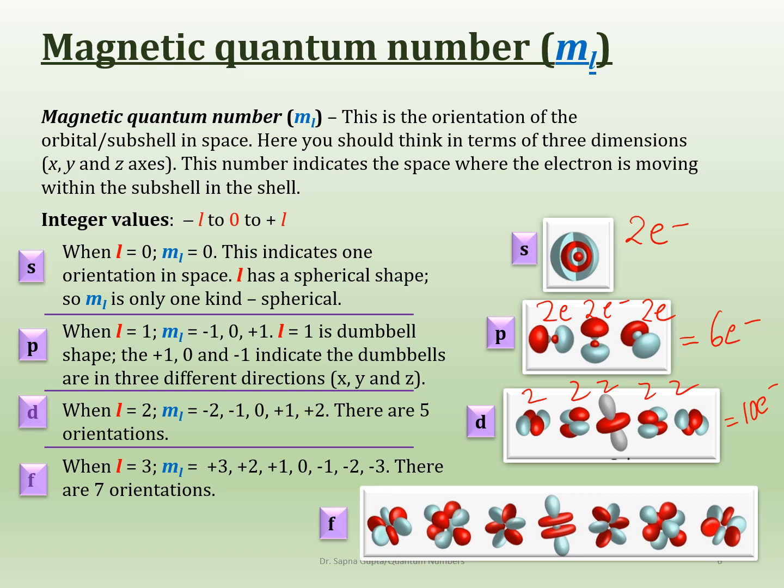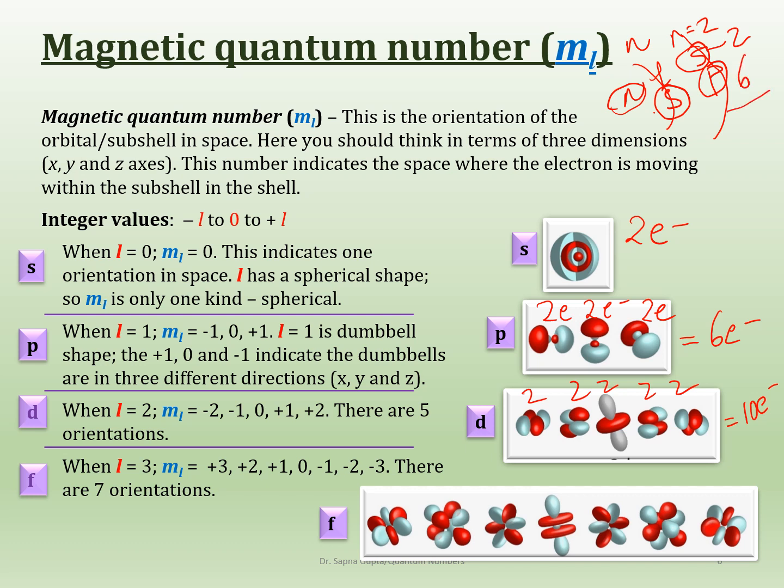We went from the shell number, the N number, to the L number. From the L number we went on to even deeper orientation. So if N is equal to 2, we went from S and P. This is S orientation, this is P orientation. S can have 2 electrons and P can have 6 electrons now.